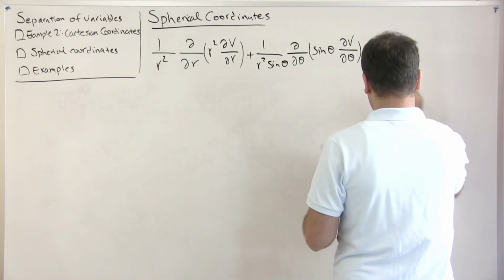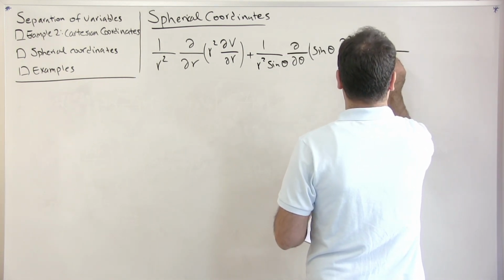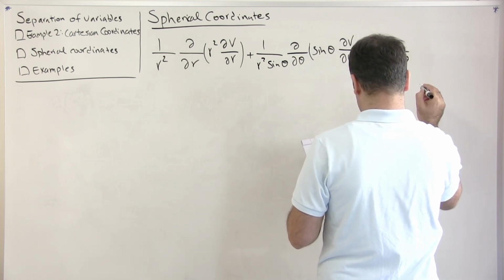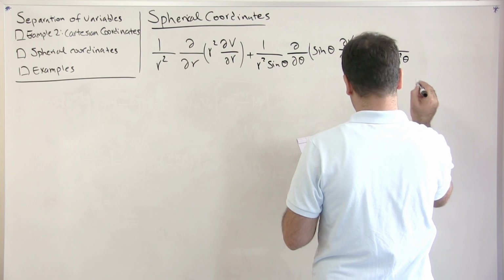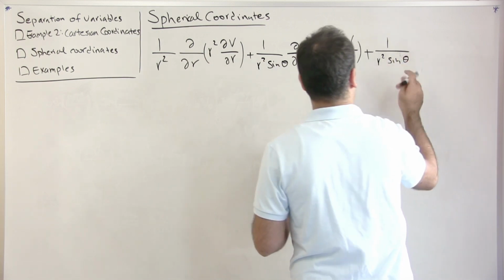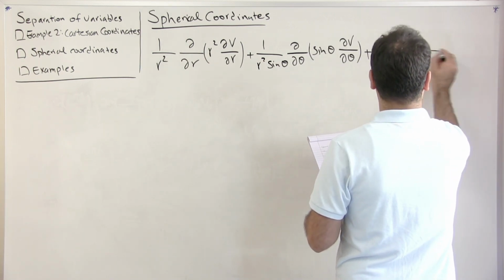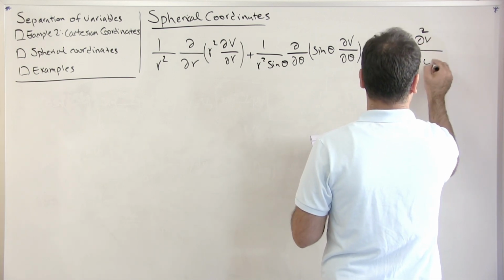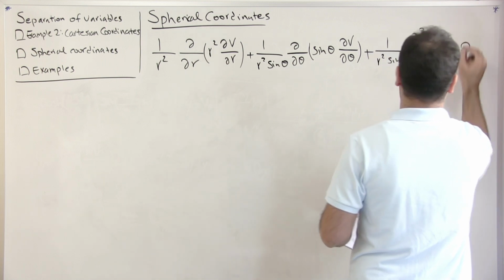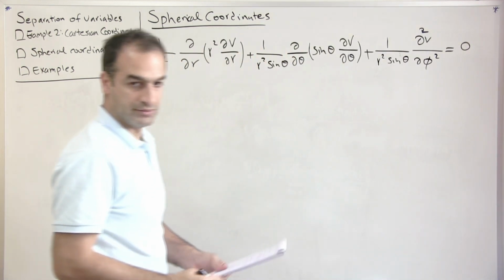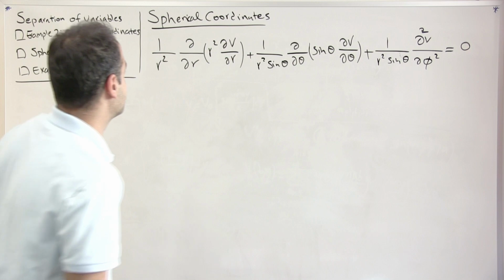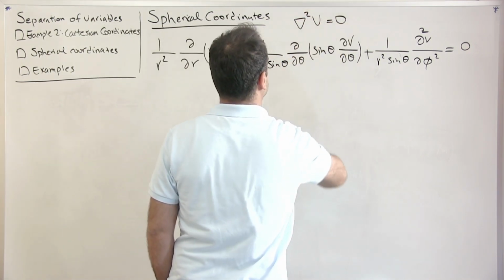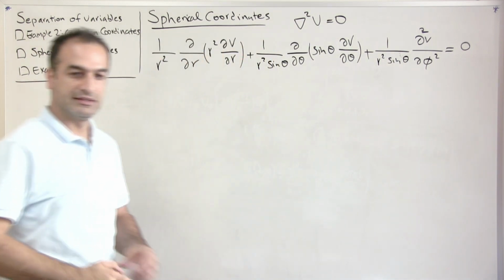And the last term is 1 over R squared sine squared theta times the second derivative of V with respect to phi, and that is equal to 0. So this is the Laplacian of V equals 0, but in spherical coordinates.